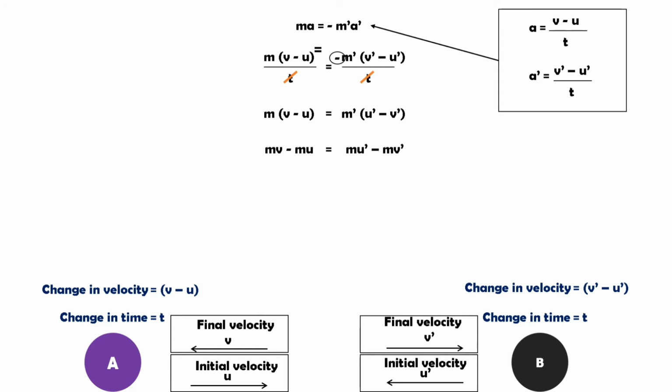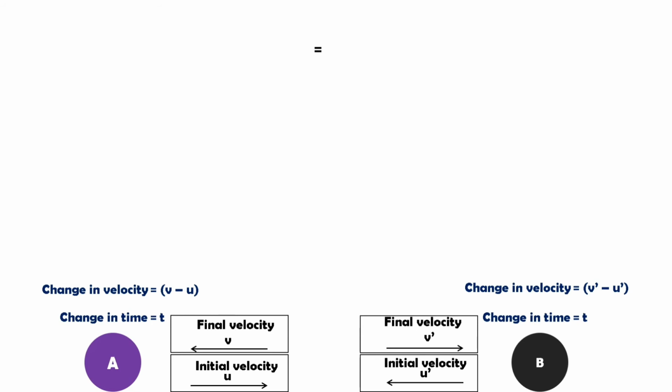Now let's take minus m u to the right hand side and take minus m v dash to the left hand side. We can write m v plus m v dash is equal to m u dash plus m u. Now we know that m into v is the momentum, that is, momentum is equal to mass into velocity.